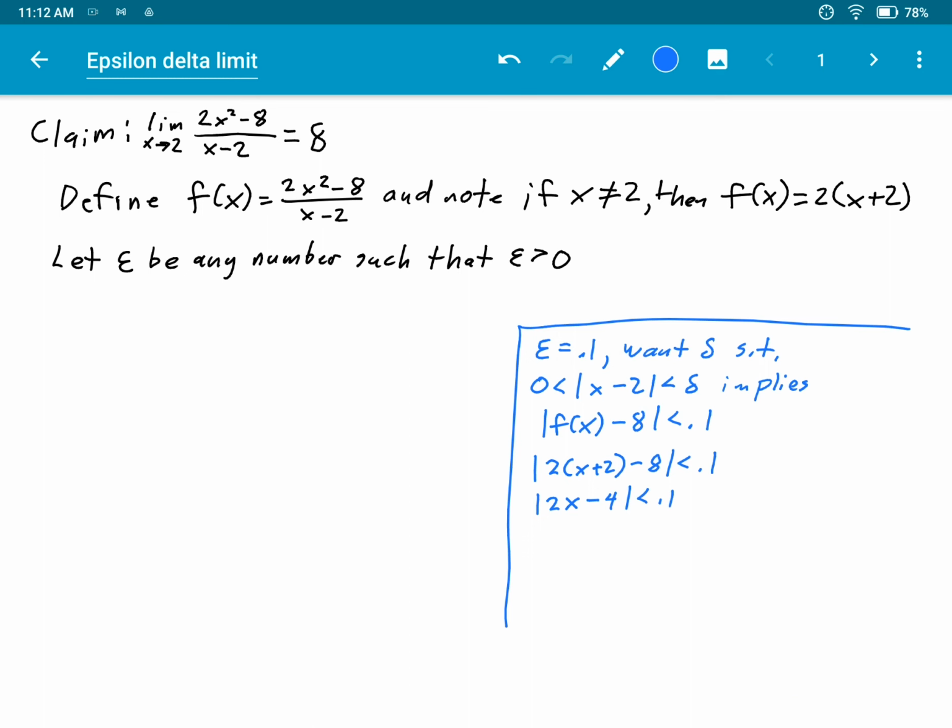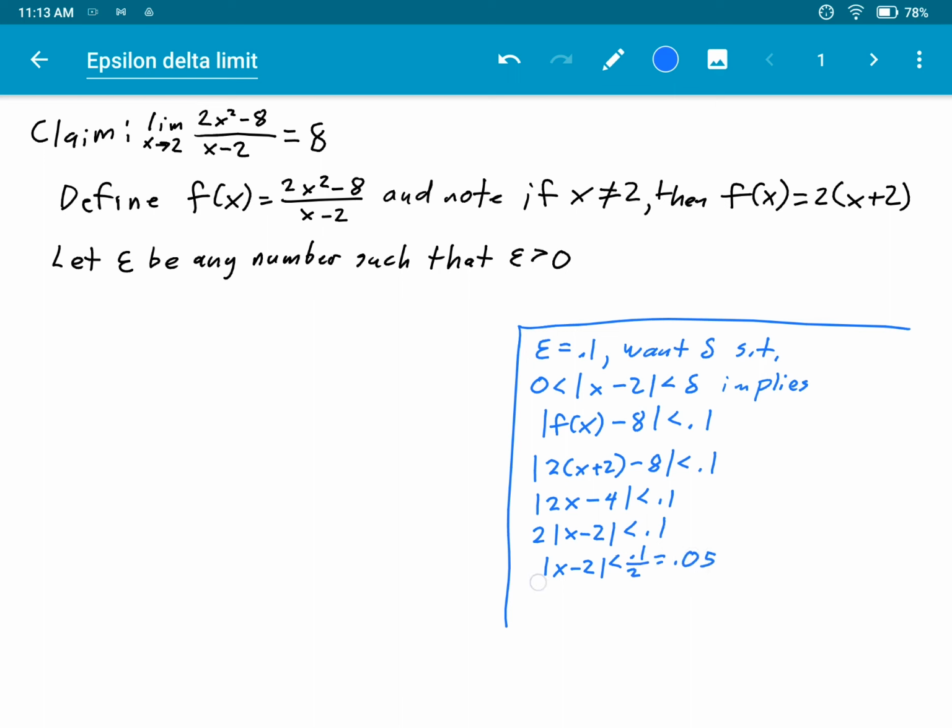And if I factor out a 2, I can write this as 2 times the absolute value of x minus 2 is less than 0.1. Dividing both sides by 2, I get that the absolute value of x minus 2 has to be less than 0.1 divided by 2, which is just 0.05.